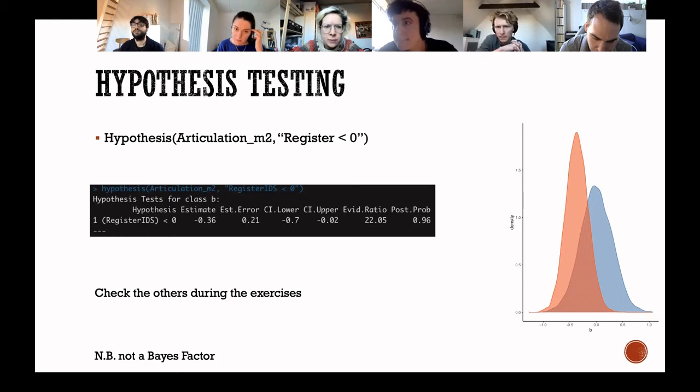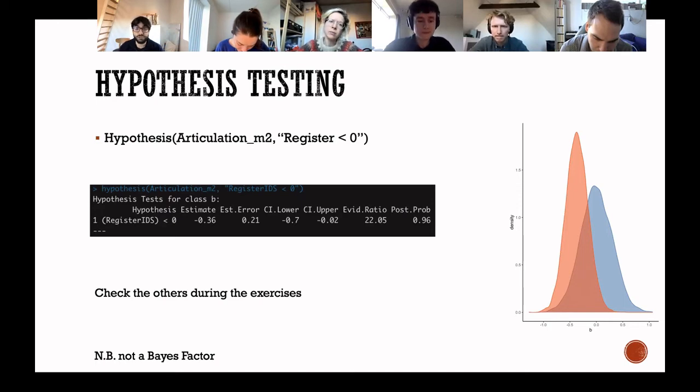Let's keep to the very last point. The posterior probability, that is the number or the percentage of the posterior samples, the percentage of the probability mass of the distribution that is compatible with the hypothesis, is 96.96, that is 96%. For every 100 posterior samples, 96 are below 0, and only 4 are equal or major than 0.